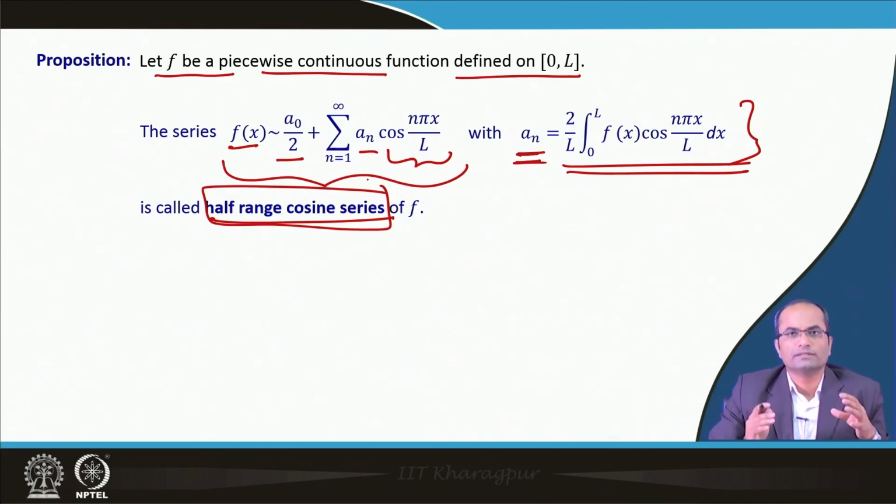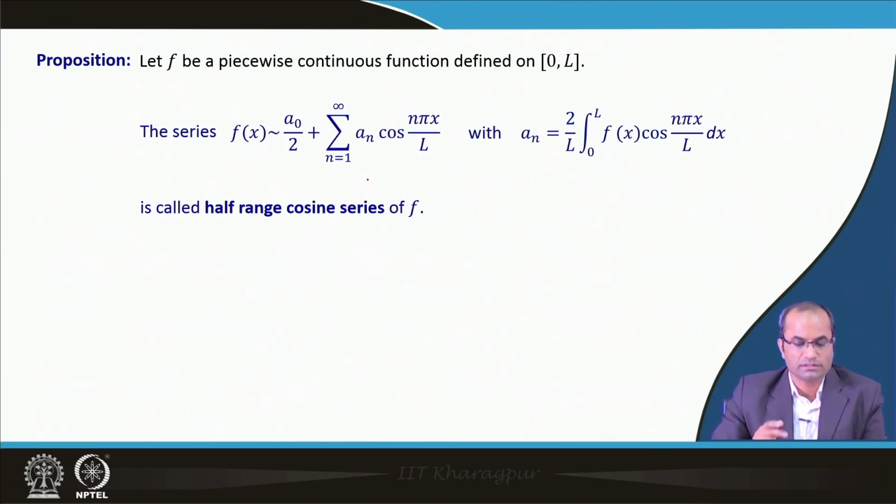So, there is a difference from the lecture which we have discussed in the previous lecture. There the function was an even function or an odd function, and then we were evaluating its Fourier series, and then automatically it was coming as a sine series or cosine series. Here the situation is different.